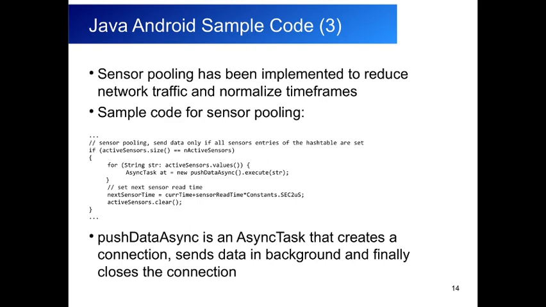So our device is not always connected. It's connected only when it's necessary. If you use a pooling time frame which is not too frequent, so every 30 seconds, 1 minute, and so on, you save a lot of power in terms of network traffic, because only when necessary we get the connection and send the data.